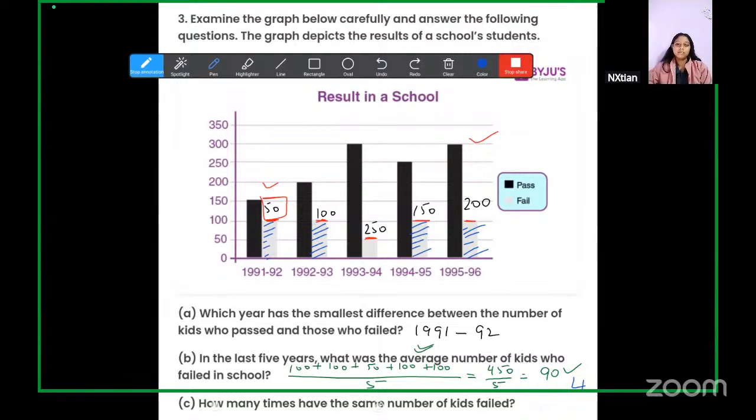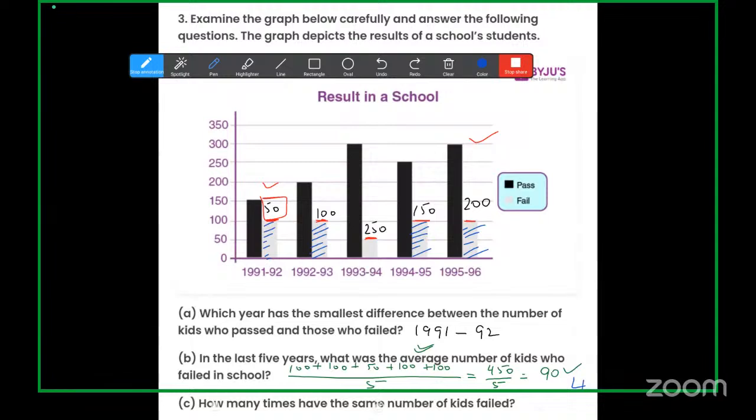Yes, Abraham. Will we even be asked a compound bar chart? A compound bar chart? No, you will not be asked a compound bar chart. You only have simple bar graph in the textbook, and you have simple pie chart. Ma'am, what about dot plot and all of the others? Pie chart you have.